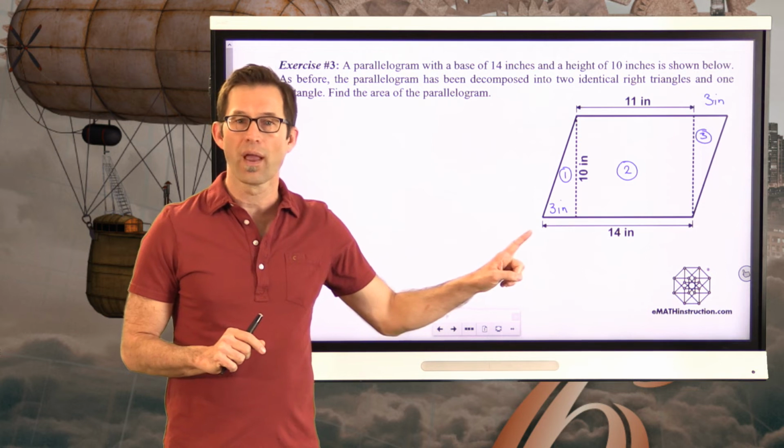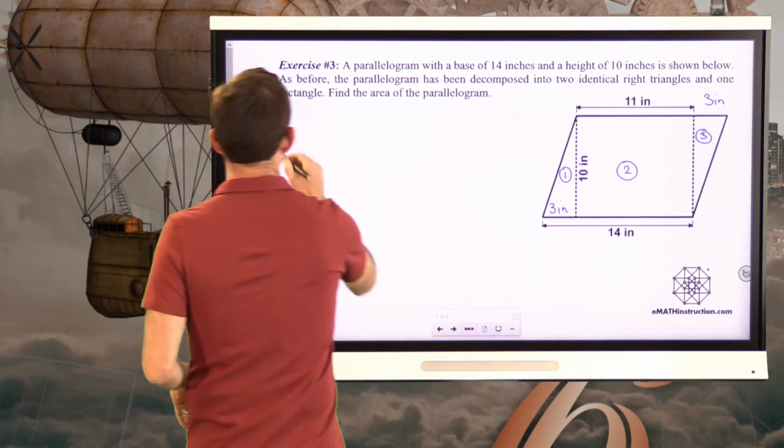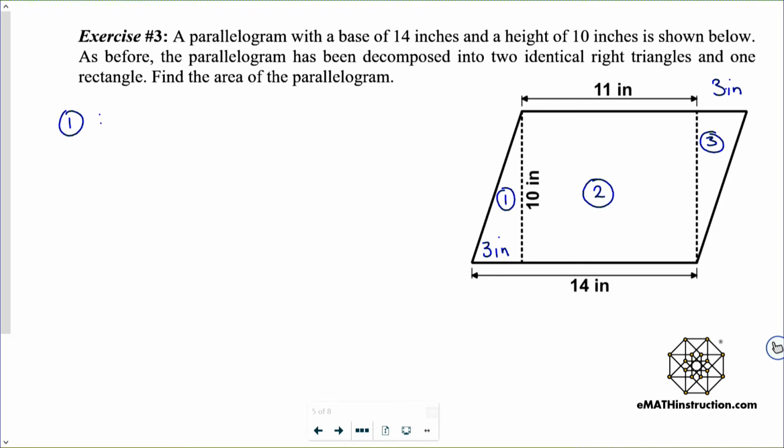And let's start with the area of the first figure, triangle 1, which, right, its area is going to be 1/2 times 3 times 10. If I want, I can do the 1/2 times the 10 to get 5, and that's going to be 15 square inches.